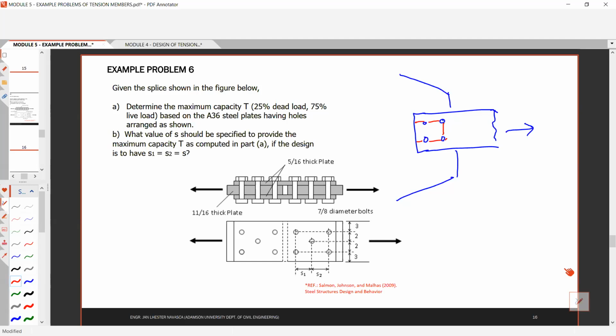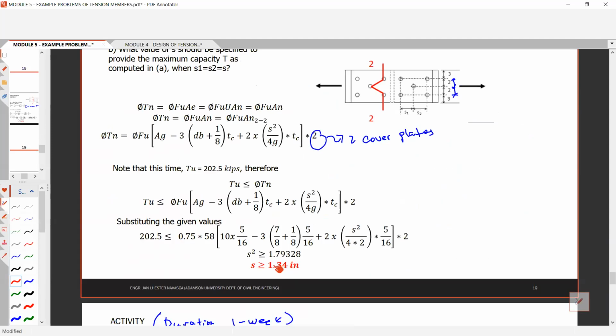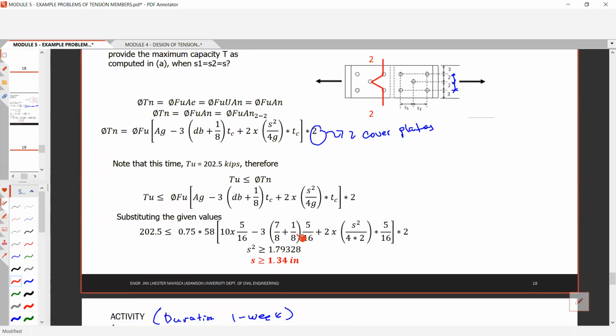Okay, any more questions? Sir, the last answer, as y has to be greater than 1.34 in example 5, sir. Sorry, example 6, yes. The last answer. Example 6 is 1.34. Yes, y has to be greater or equal to 1.34. Okay, I think you're correct.